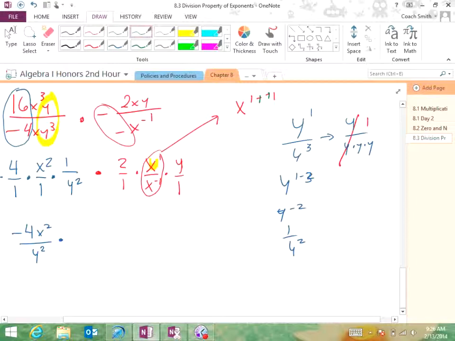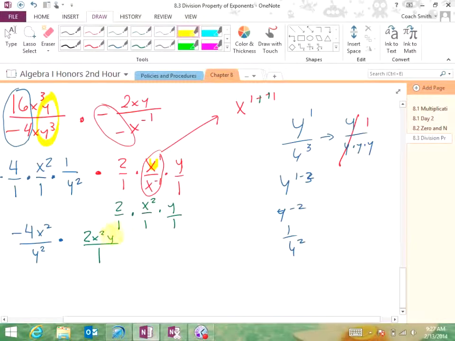Plus plus would be x to the second. So it is 2 over 1 times x to the second over 1 times y over 1. So I'm going to bring that down: 2x squared y over 1. And we're not done yet.